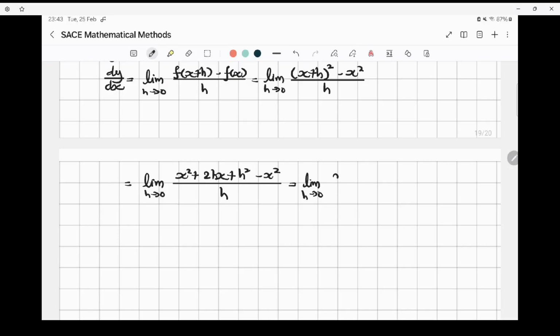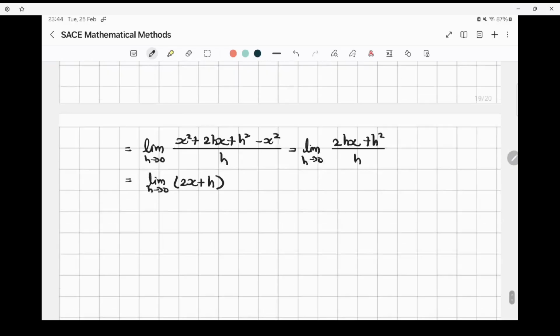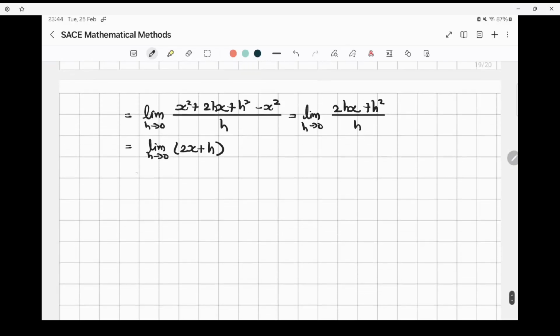So you get 2hx plus h squared divided by h. So in the end you have the limit, I don't need the limit of h approaches 0. So over here you can cancel off one h, 2x plus h. So you can just put in h equals 0 at this point, so you get 2x. That's why differentiating x squared you get 2x.